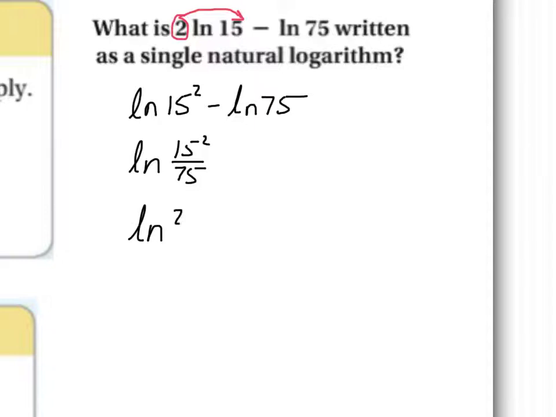So we got the natural log of 225 divided by 75, and I bet that simplifies. 225 divided by 75 is 3. So 2 natural log 15 minus natural log 75 can be simplified down to the nice little thing of natural log 3. Okay? Questions?